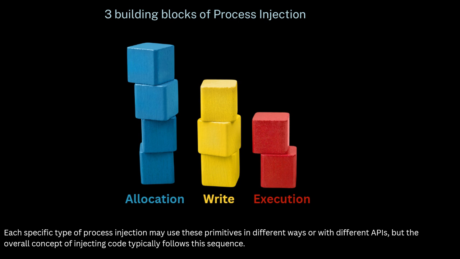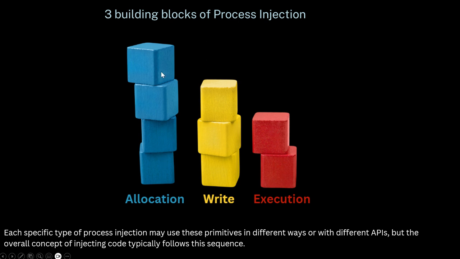How each process injection uses these building blocks, in different ways or with different APIs, may differ, but the overall concept of injecting the code into another process follows the same sequence. That is allocation, writing, and execution.